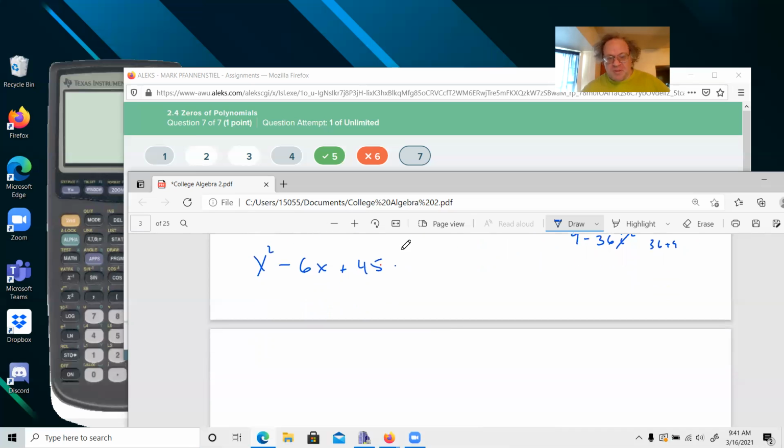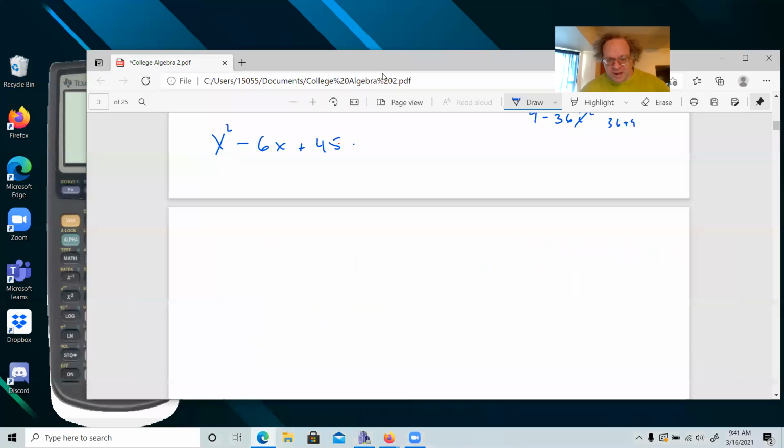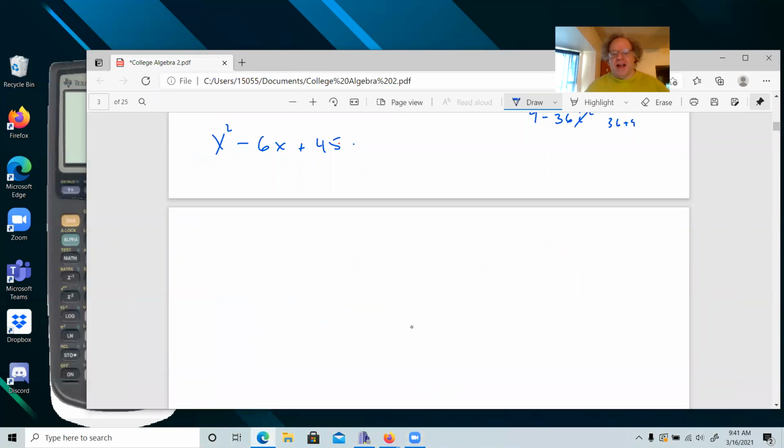So let me just show you something to see whether or not you got this right. If I had to break this back down into zeros, I can't factor this. So we need some way of being able to solve a quadratic, some kind of formula that would help us solve a quadratic. Oh, that's right. We have negative b plus or minus the square root of b squared minus 4ac, all over 2a.